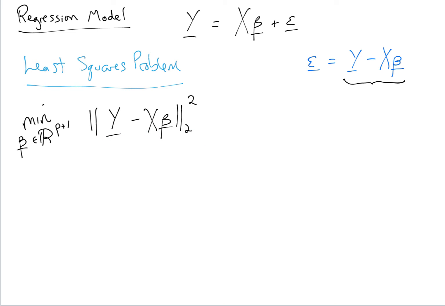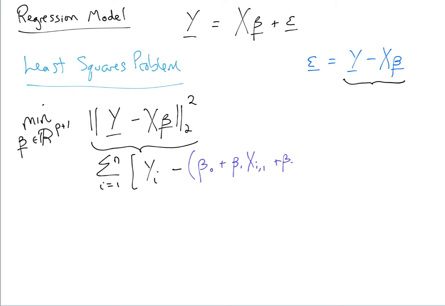And again, if we want to see explicitly what that is, that's the sum, i going from 1 to n, of the squares of the ith observation minus what we have from our regression equation: beta naught plus beta 1 times x_i1 plus beta 2 times x_i2 up to beta p x_ip, squared.